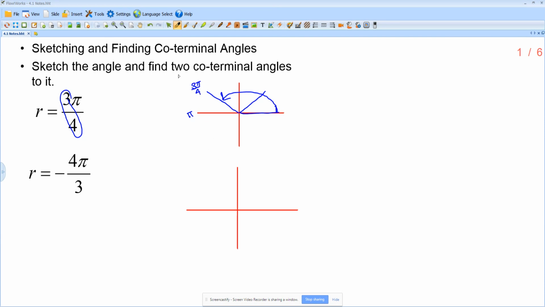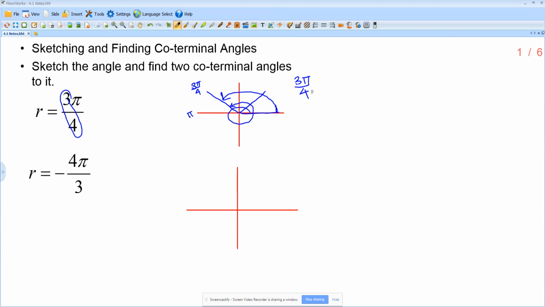What I want to do is find two coterminal angles. So if I take 3 pi fourths, and if I say, well, you know what I could have done is I could have gone in a whole circle, just gone around a whole circle, and then got an additional 3 pi fourths, I would be right there.